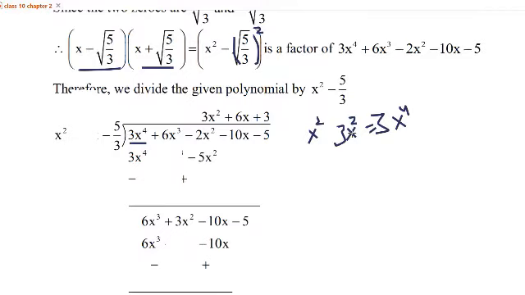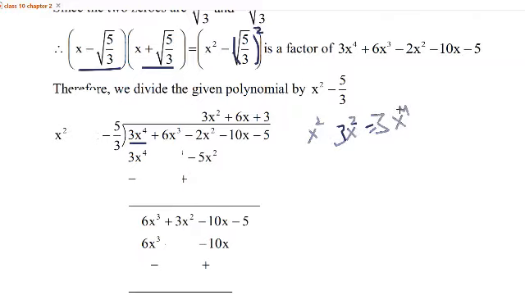So 3x square into x square is 3x raised to power 4. Here you can see I have written 3x raised to power 4, and the quotient I have taken is 3x square. Also when we multiply minus 5 by 3 with this 3x square, this 3 will cancel this 3, and minus 5 into x square is minus 5x square. Up to this point, I think everything is clear.